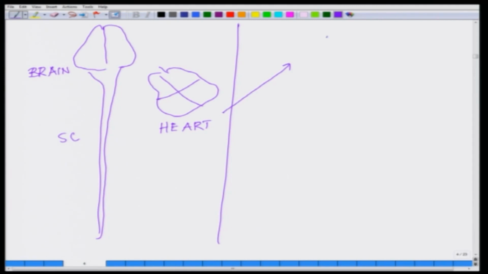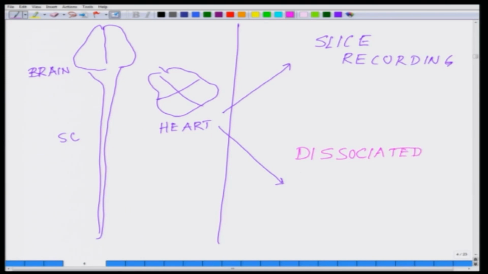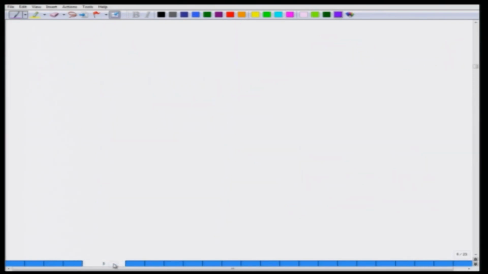One is slice recording, the other one is dissociated cell culture recording. What we meant by slice recording? In the next slide we will talk about what we meant by slice recording.